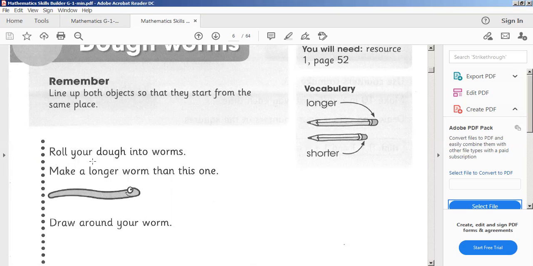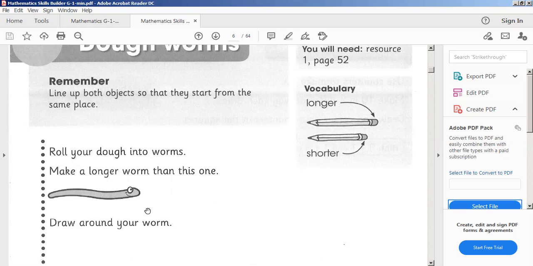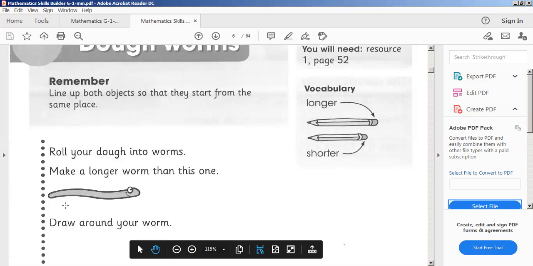Here, roll your dough into a worm, then make a longer worm than this one. Draw around your worm. You can make a longer one on top of this, or down here, and then measure with blocks how much it was, and after making your new one, how much longer it is.